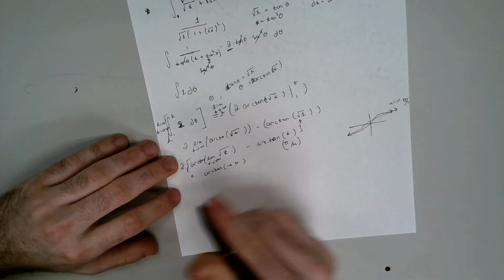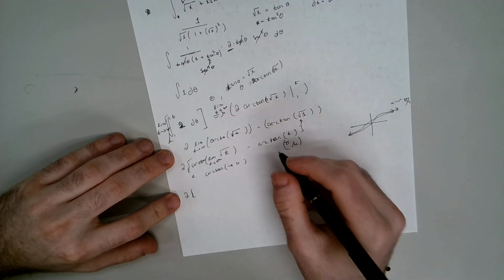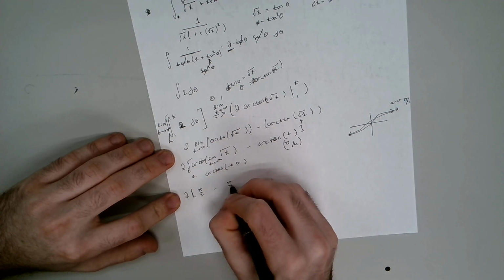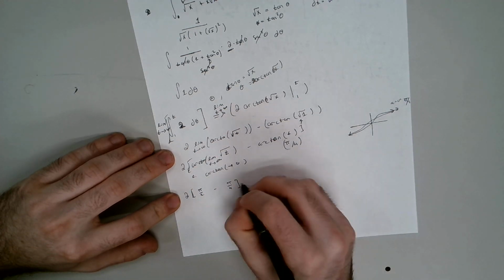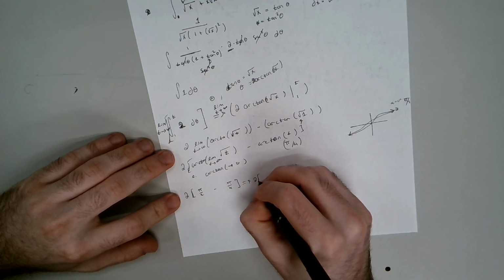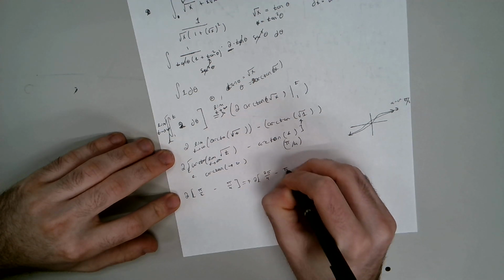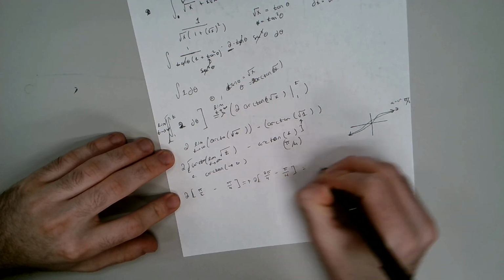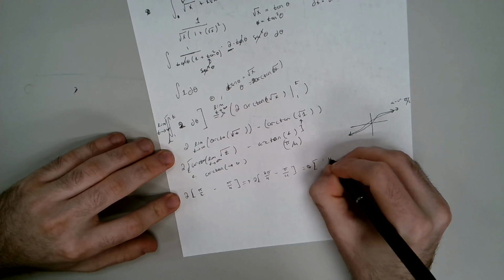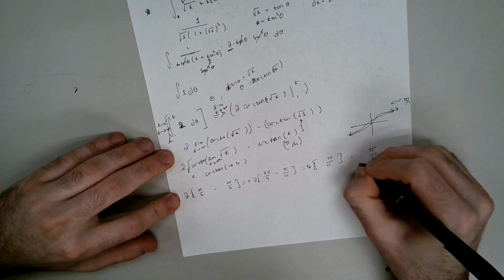So we have 2 times, and the limit as arctan goes to infinity is pi over 2, minus pi over 4. Then we just perform some basic arithmetic. We get 2 times pi over 4, which would equal pi over 2.